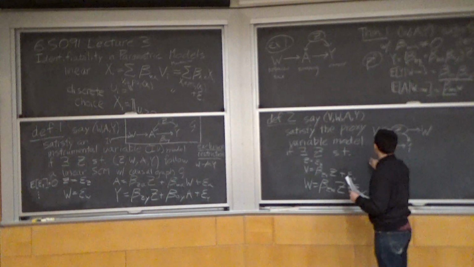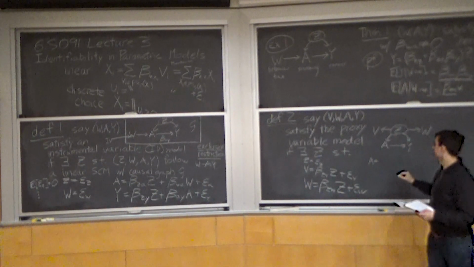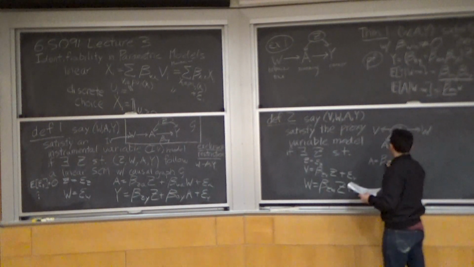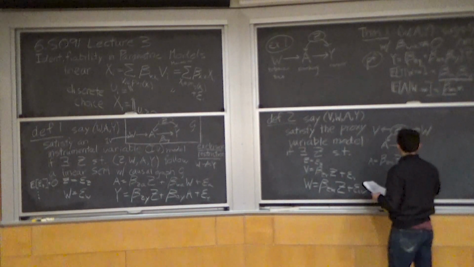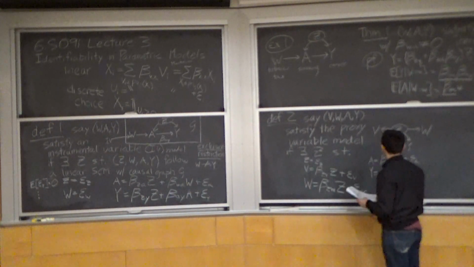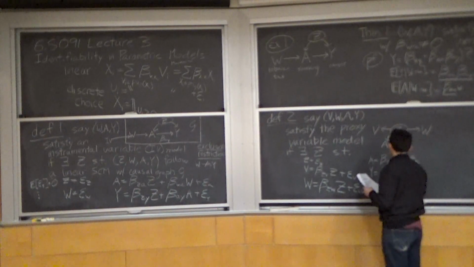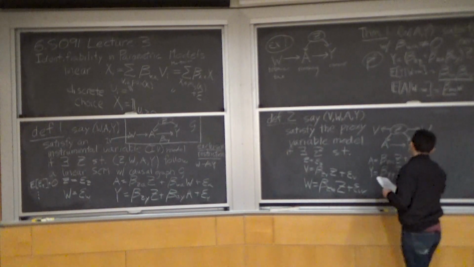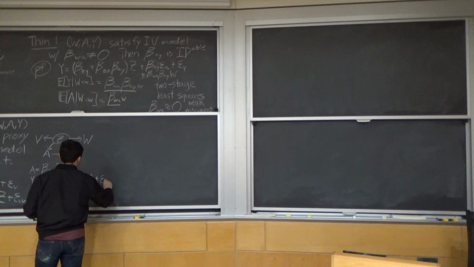Then A, again, its only parent is Z, so we have beta_za Z plus epsilon_a, and Y is a linear combination of Z, so beta_zy Z plus beta_ay A plus epsilon_y.